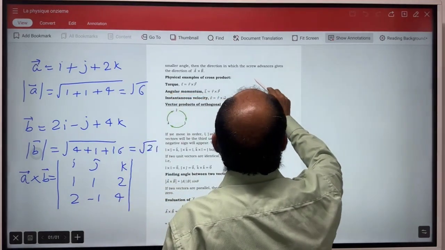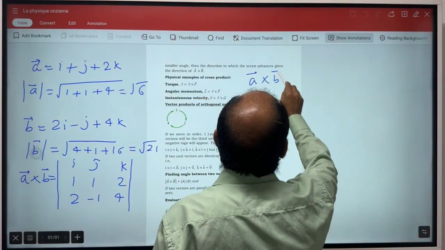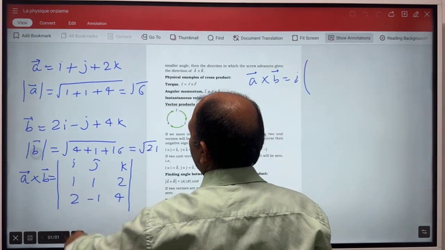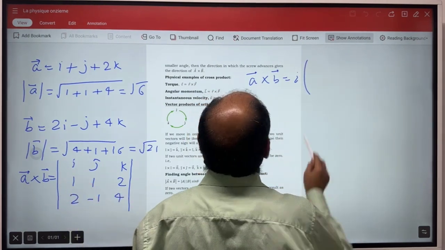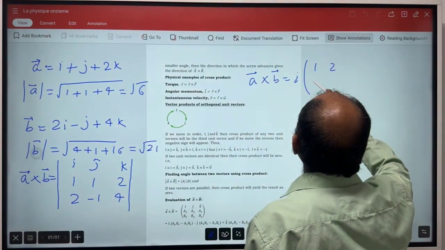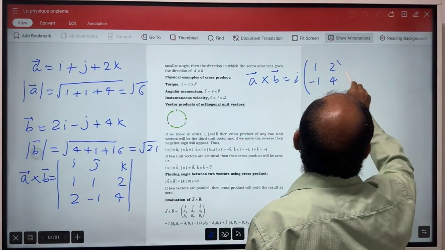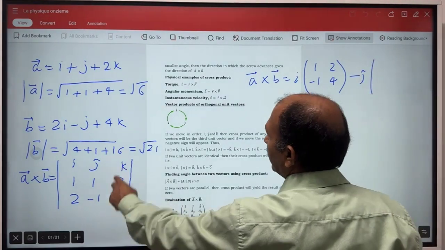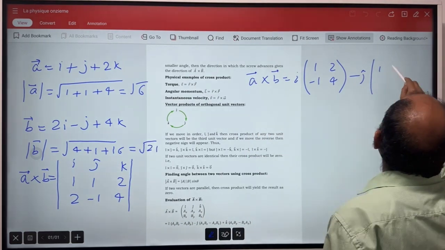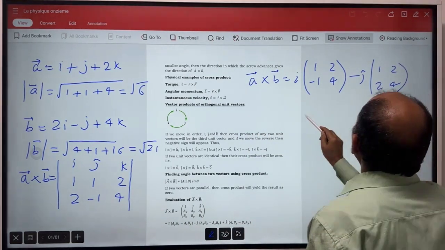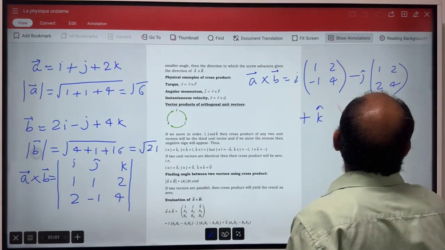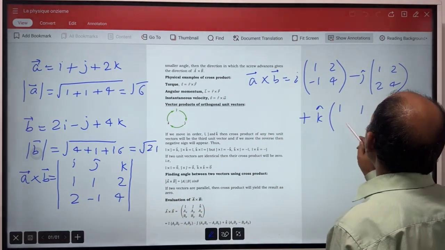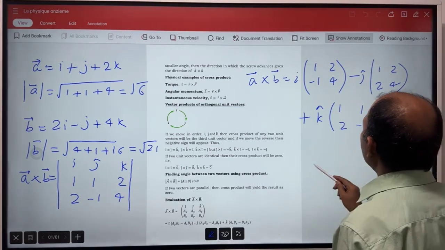Now let's simplify. A cross B gives how much? We take I cap outside. When I cap is taken outside, then 1, 2, minus 1, 4 is left. Minus j cap, second one is left, so 1, 2, 2, 4, plus k cap. Then this one, 1, 1, 2, minus 1.